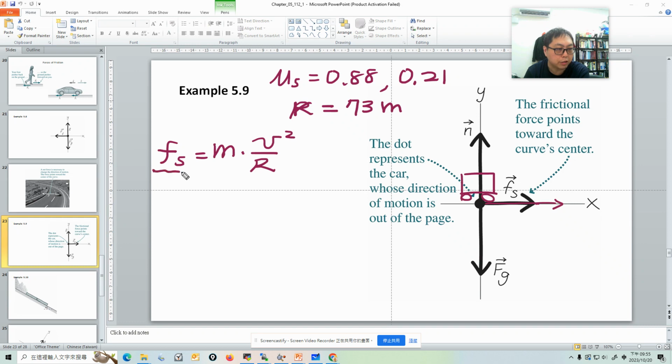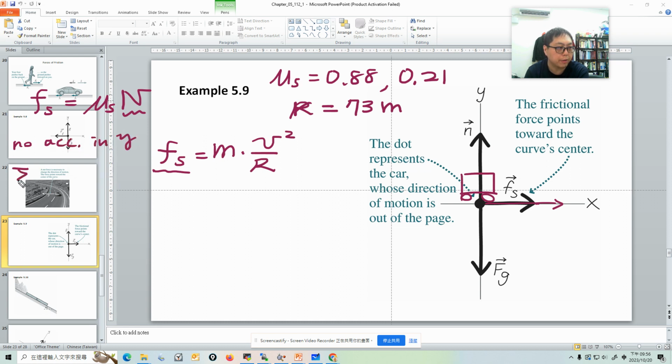So what's the friction? Like I said, the friction is proportional to your normal force, and the ratio is called the static friction coefficient. So that's the friction. And what's our normal force? Let's assume this car has no acceleration in the y direction.